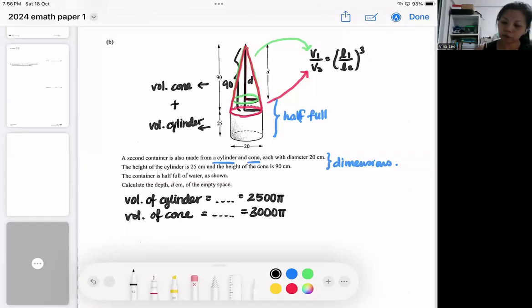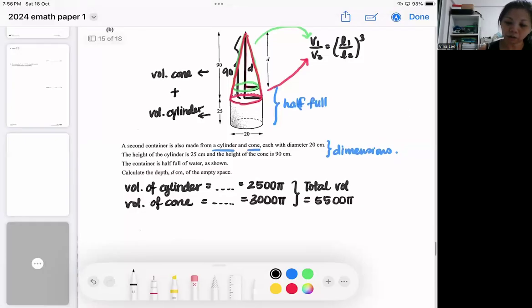Which means you will be able to get the total volume. You add them up, and you will be able to find the amount of water. So what is the amount of water?